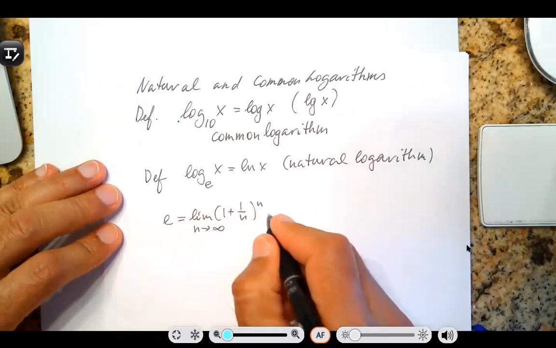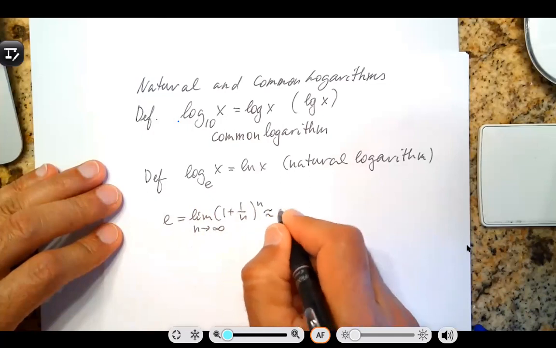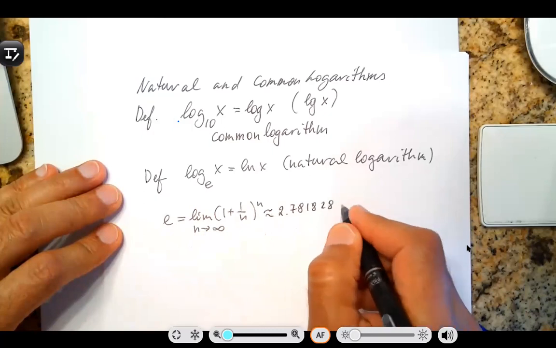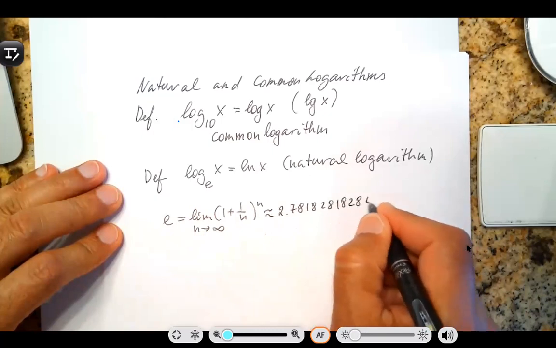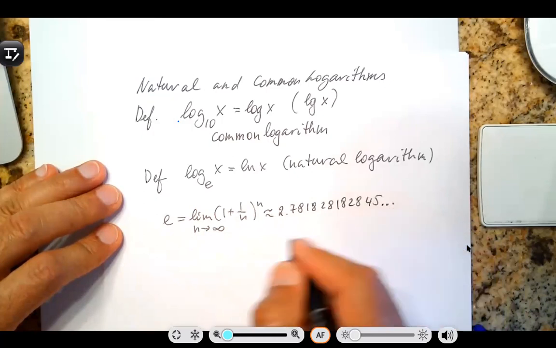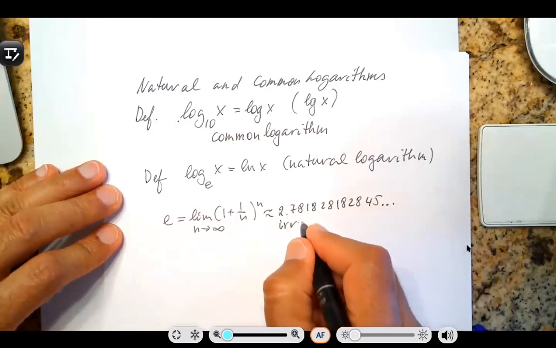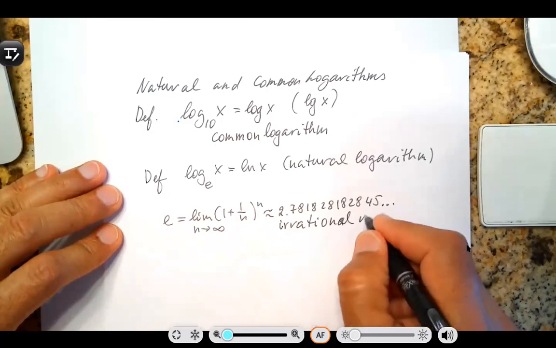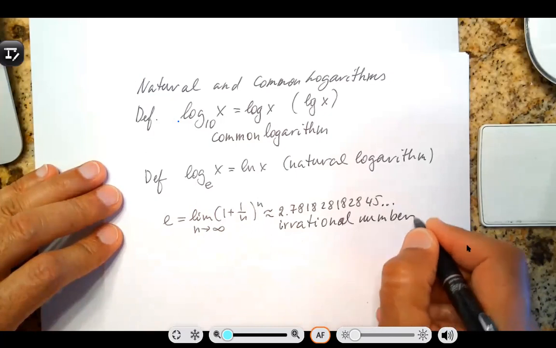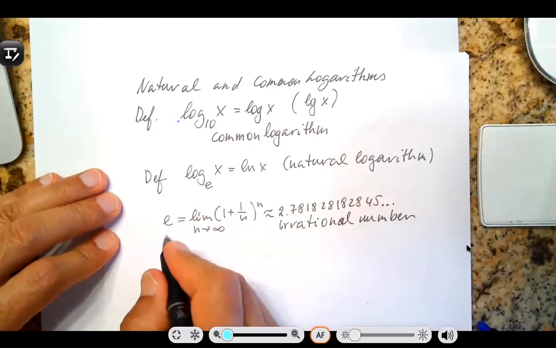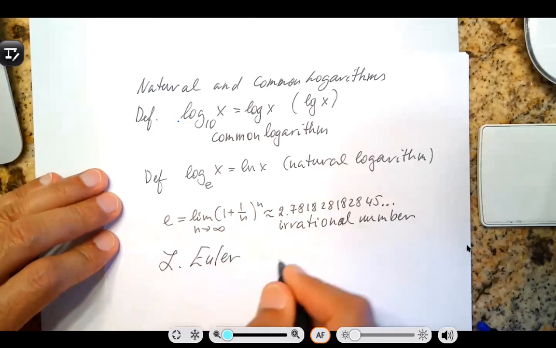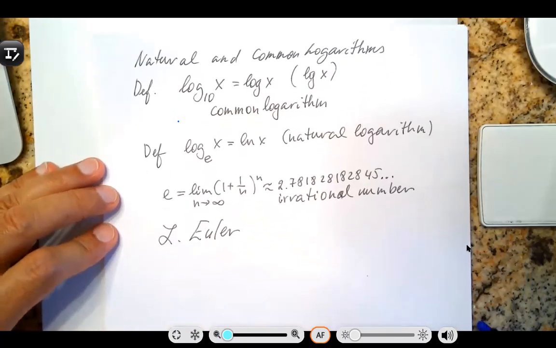If you calculate, it's approximately 2.71828182845, and so on. It's an irrational number. So why do they use e? Because it was named after Leonhard Euler, who introduced this number, a famous Swiss, German, and Russian mathematician.